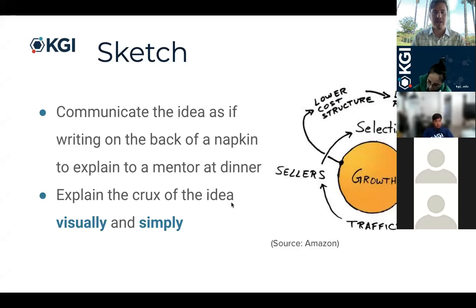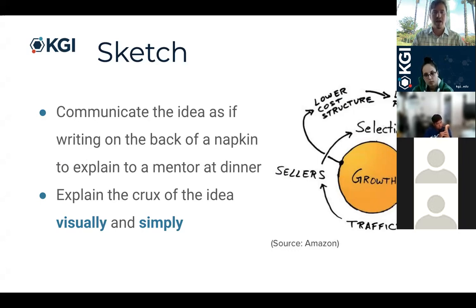So here's an example of a sketch. Like I said, Amazon started as a sketch. This is Jeff Bezos's flywheel, where what he's basically saying is that by having a lower cost structure and lower prices, we can enhance the customer experience, which brings more traffic to sellers, which in turn creates more selection for the customers, which also enhances the customer experience.